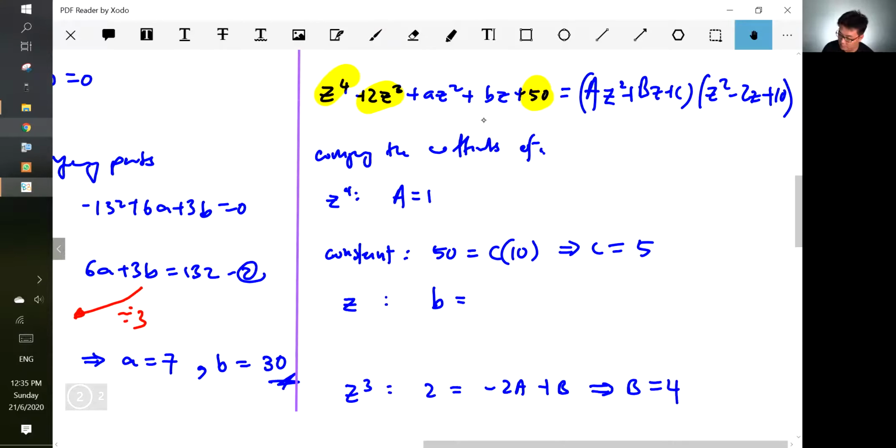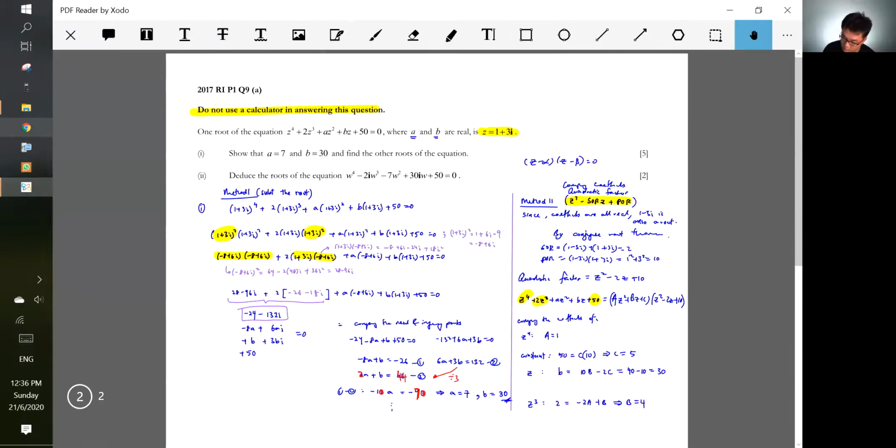Comparing z would means b z, so it's 10b minus 2c. Anything else? Z, yeah, that's all. 10b. So I do not have, I have c, I have b, so this is 40 minus 10, 30. Is that 30?